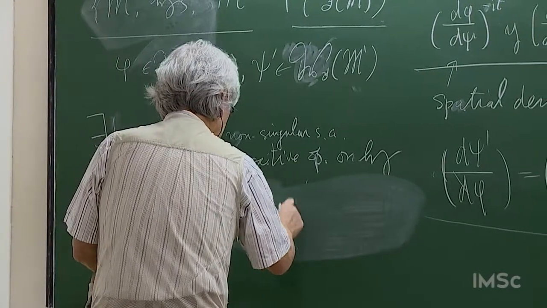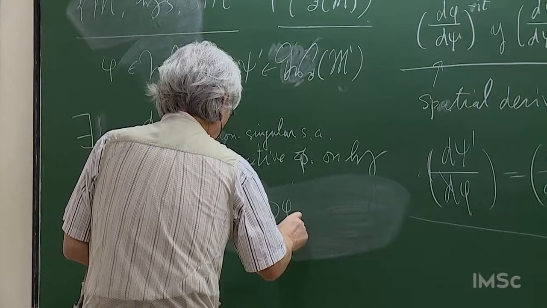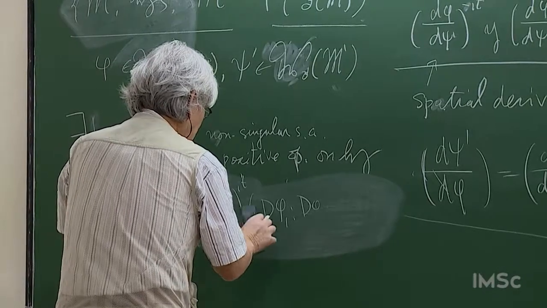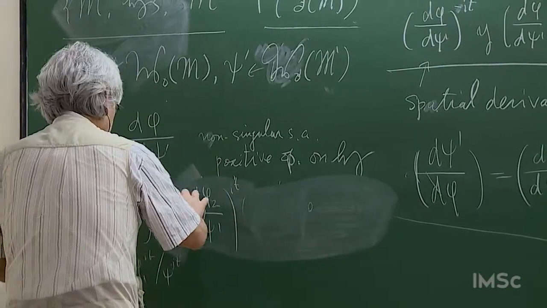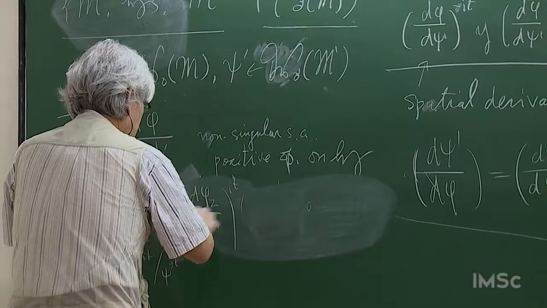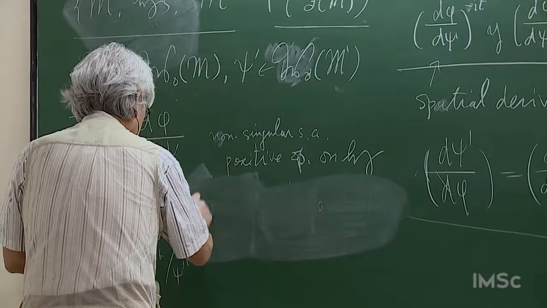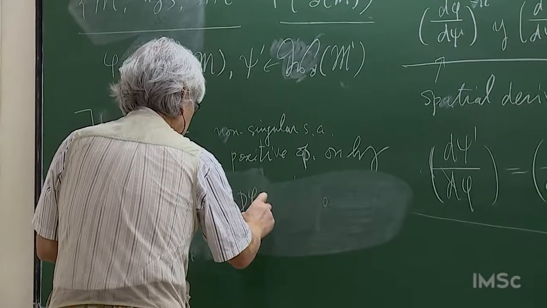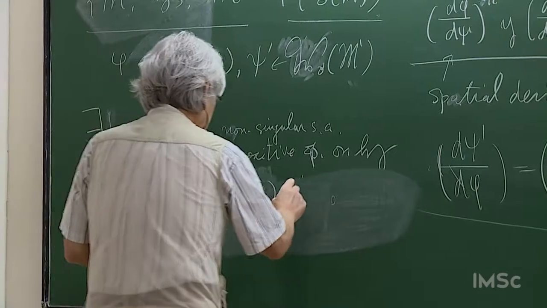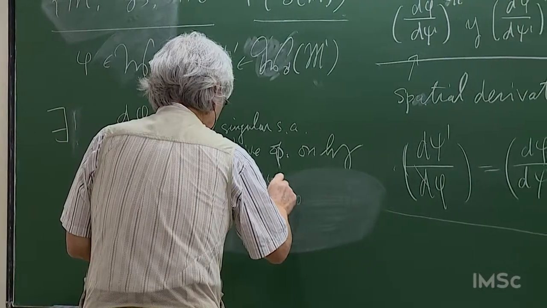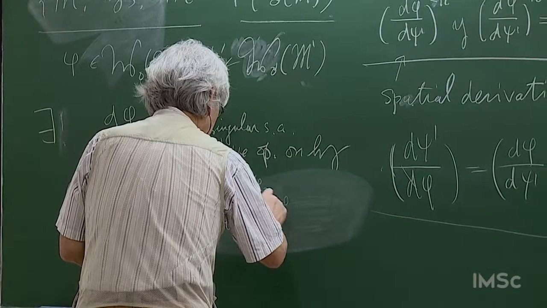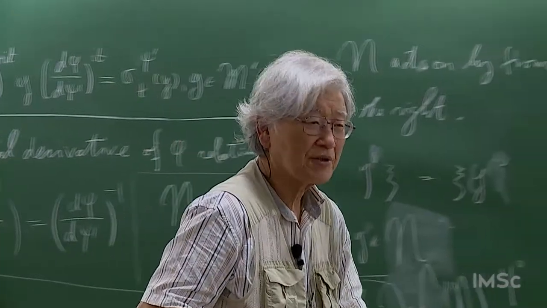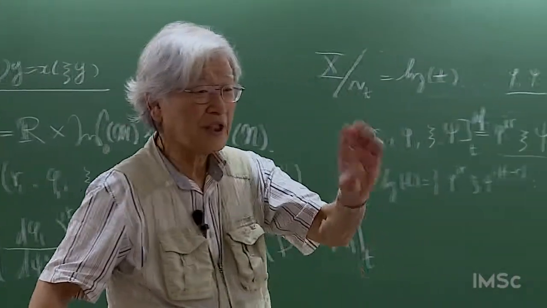I think it is d phi 1 times d phi 2, probably on the left. D phi 1, D phi 2 to the power, and D phi 2, D psi prime to the power IT. Okay, so those are the relations when you change the weight.